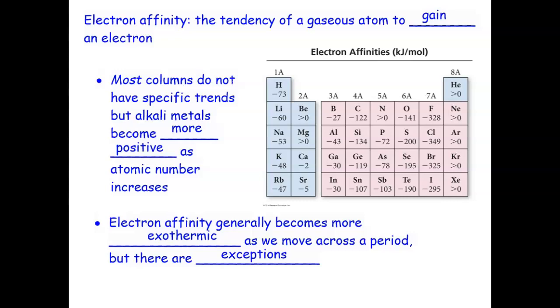We can see that fluorine releases much more energy when it forms a fluoride ion than iodine does when it forms an I- iodide. We can also see that the noble gases, instead of being exothermic, are actually endothermic. We have to actually add energy to get any of them to accept an electron.